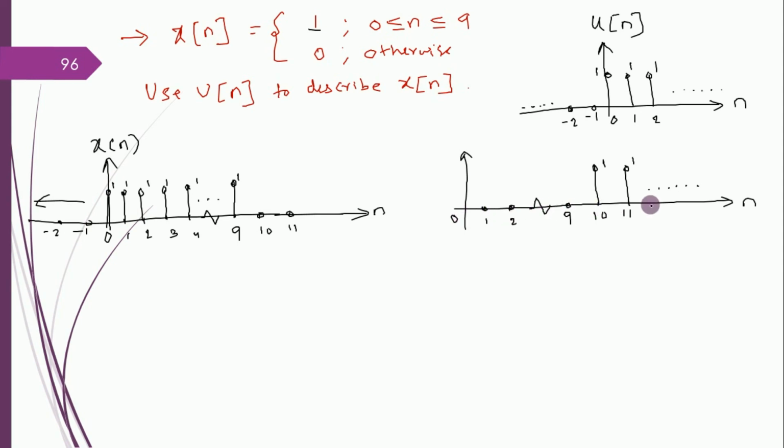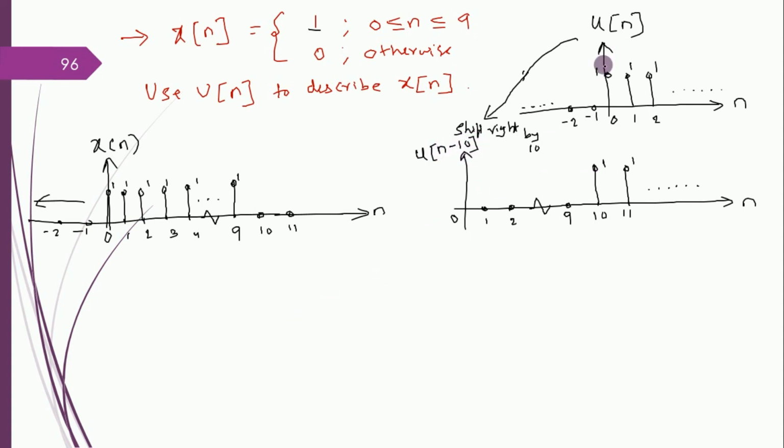I'm taking this u of n and shifting it right by 10. How to write it? u of n minus 10. This is u of n minus 10, and this is u of n.